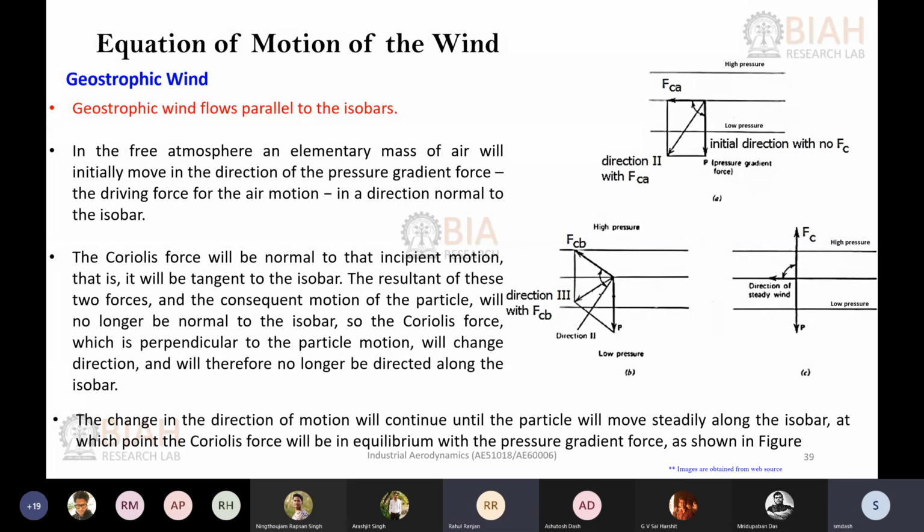All right. Any other question? So geostrophic wind flows parallel to the isobars. That is the takeaway point here.